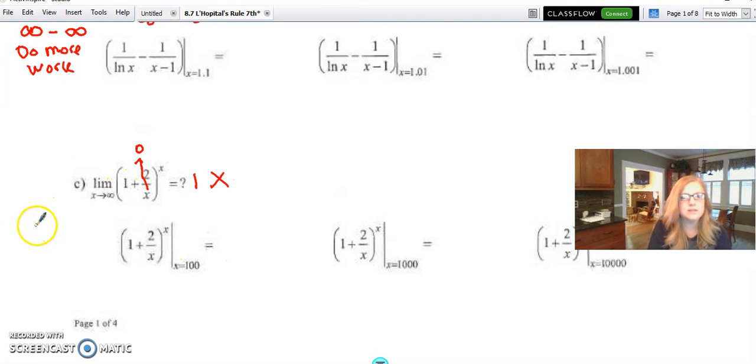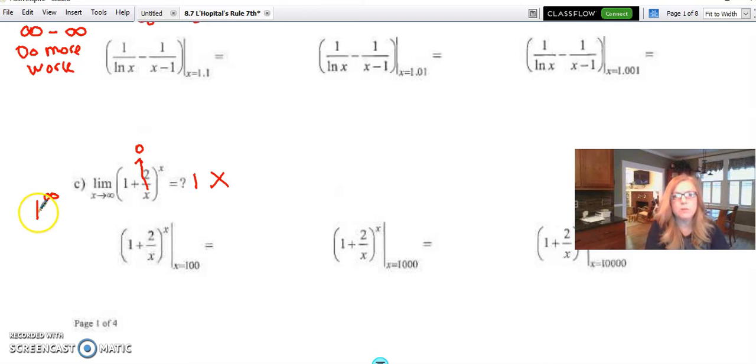Now, why is this an indeterminate form that's do more work? Because this value right here is 1 to infinity. 1 to infinity is not actually 1. It's approaching 1. And think about some things that are going on here. If you're close to 1 but smaller than 1 with a big power, that's a decay.